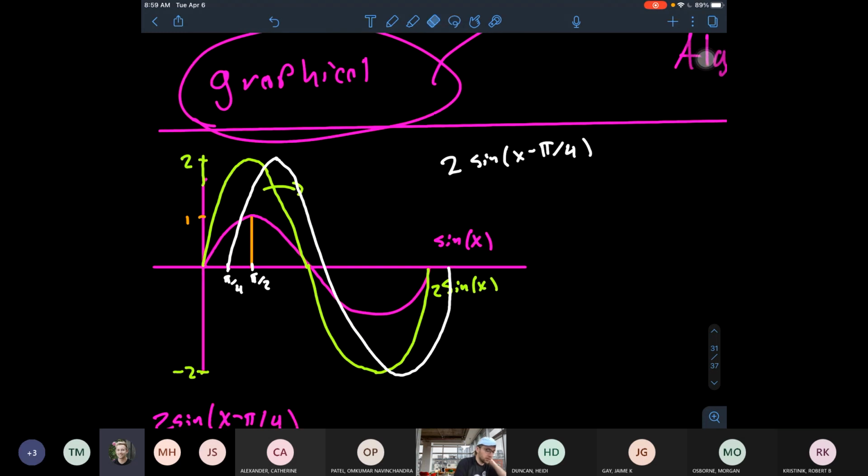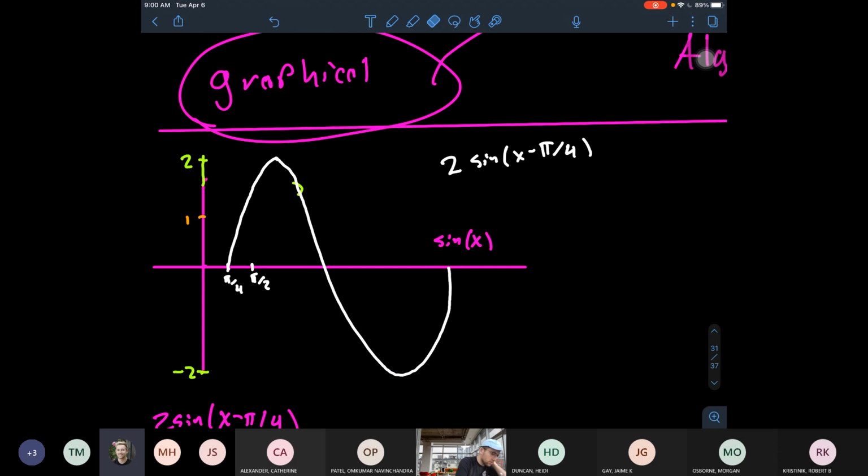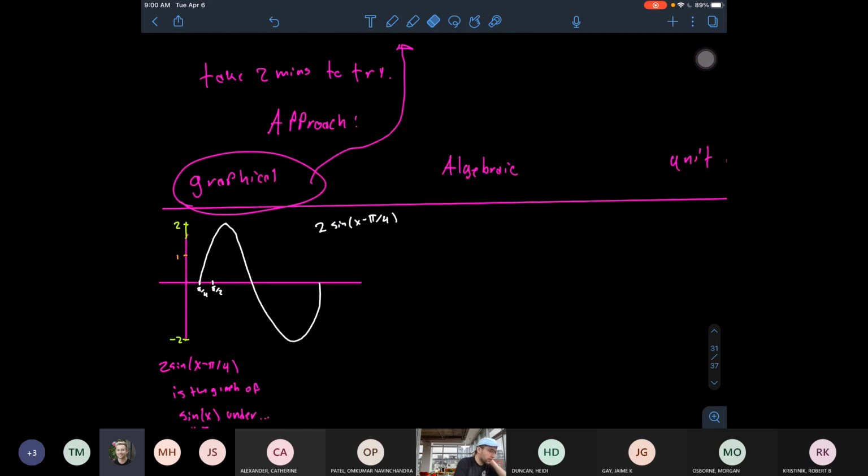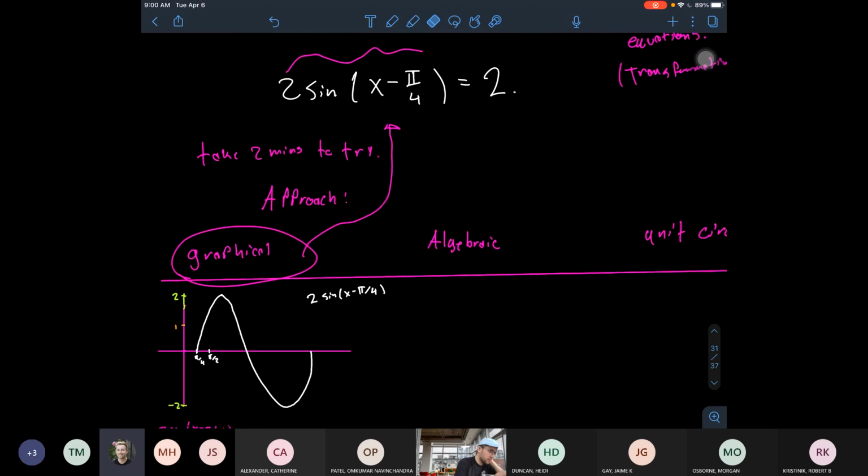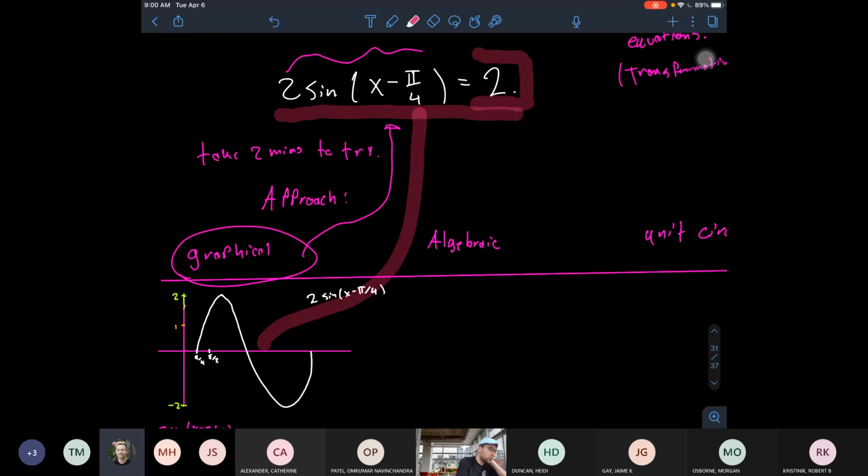Okay, so I'm going to erase my original graph of sine x now, since we've got the graph that we want. Okay, and now what is the graphical interpretation of this equation, which we've graphed below, being equal to 2?